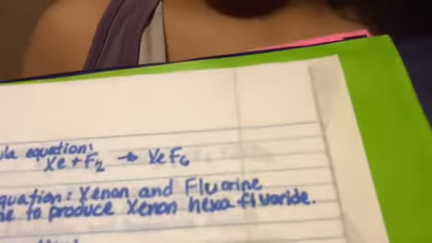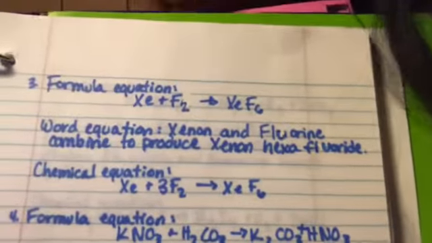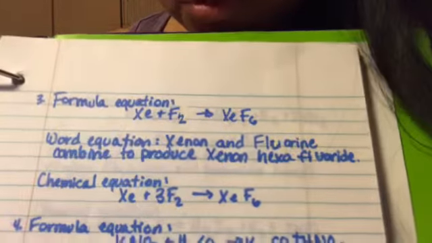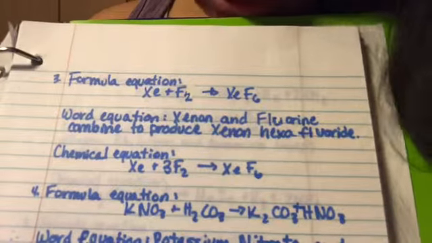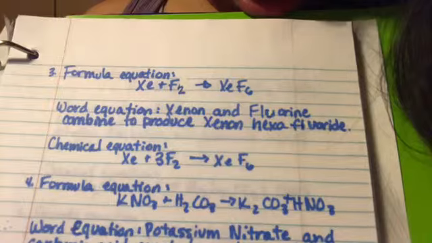Then we go to example number 3, which states that the word equation states xenon and fluorine combine to produce xenon hexafluoride.